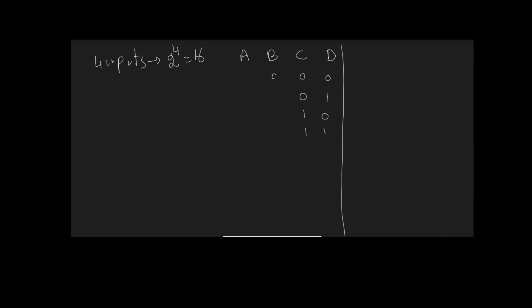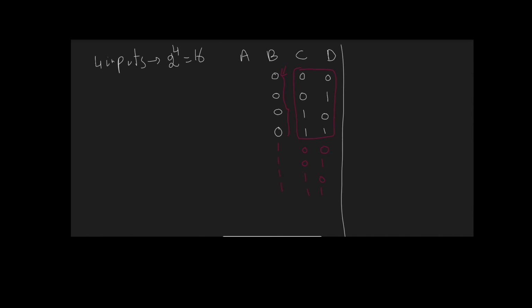And then for B, we use 0, 0, 0, 0. Now we can repeat this one more time, but instead of zeros, we use ones. So we do 0, 0, 0, 1, 1, 0, 1, 1, and here we'll have 1, 1, 1, 1.